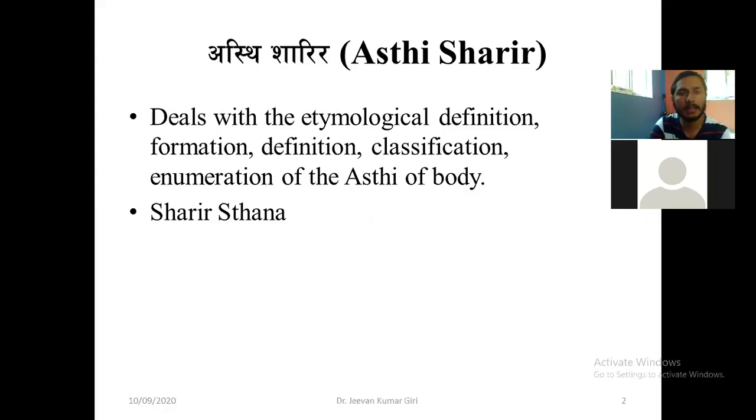So this Asthi Sharira is mentioned in the Samhitas, that is in the Sariristana of Charaka Samhita, Susruta Samhita, and Ashtanga Hridaya. Just remember this. Generally, anatomy and physiology, that is Sharira Rachana and Sharira Kriya, are explained in Ayurveda under the Sharira Sthana of Charaka Samhita, Susruta Samhita, Ashtanga Hridaya, and Ashtanga Sangraha.